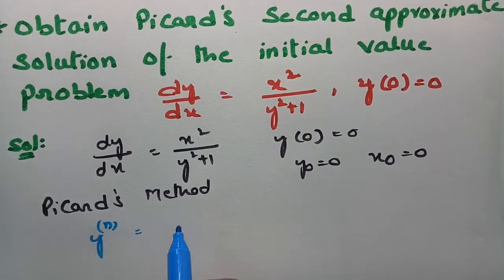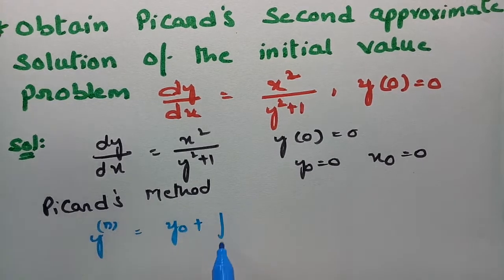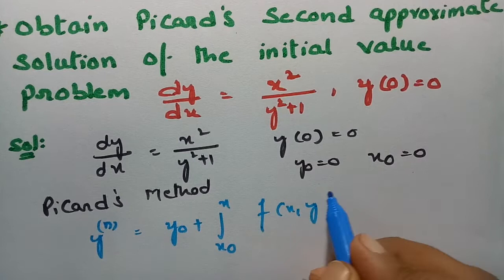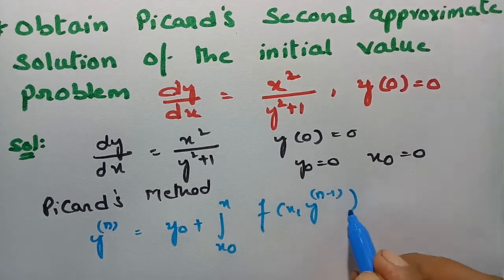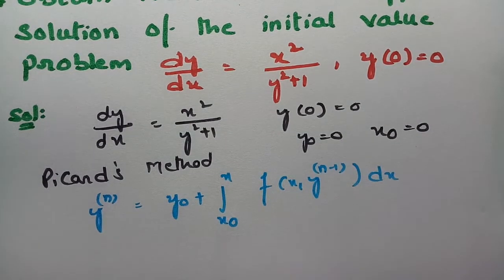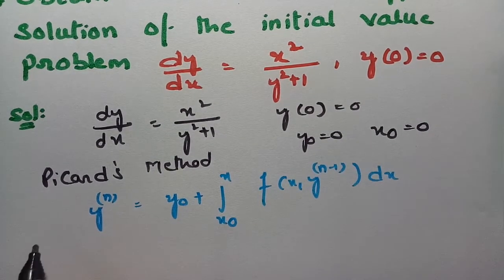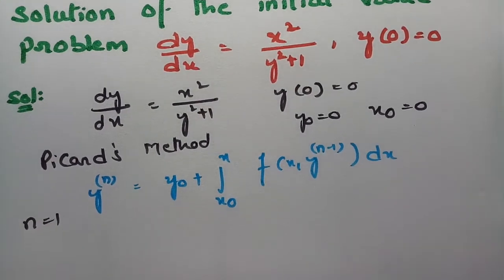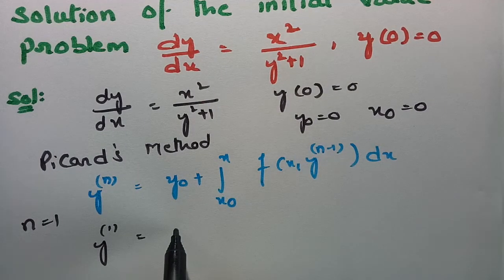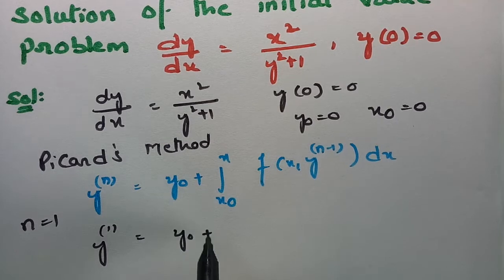So according to Picard's method we have the nth approximated value is equal to y naught plus integral x naught to x f of x comma y at n minus 1th approximated value into dx. So we have to substitute the value n is equal to 1. If I keep n is equal to 1, this is the first approximated value. So y naught, it is already there.